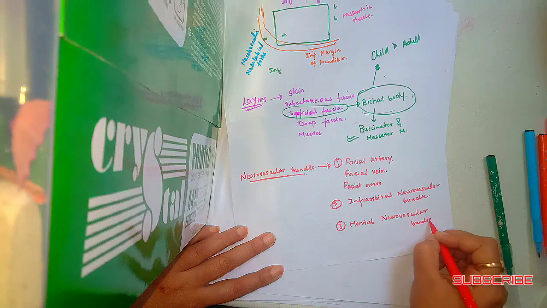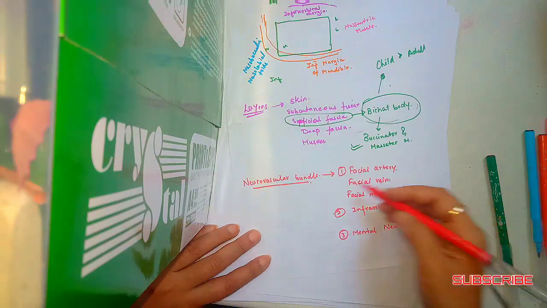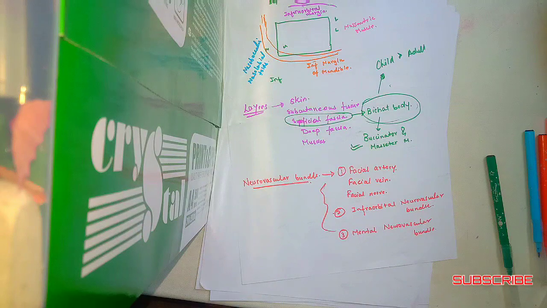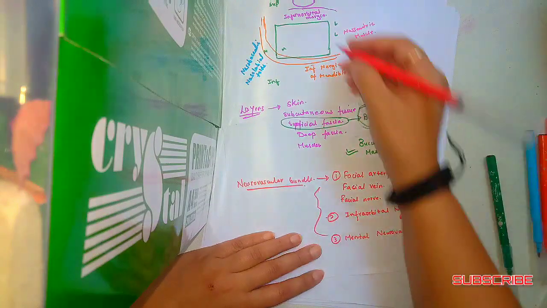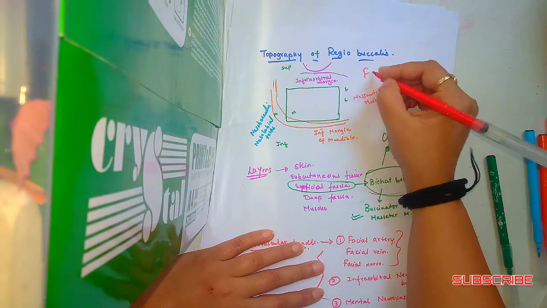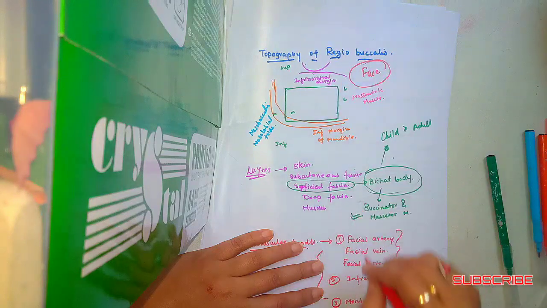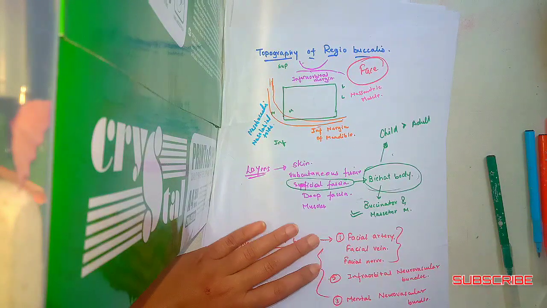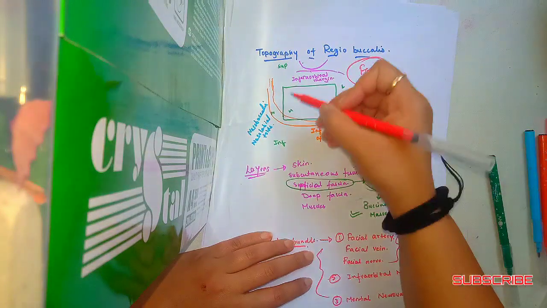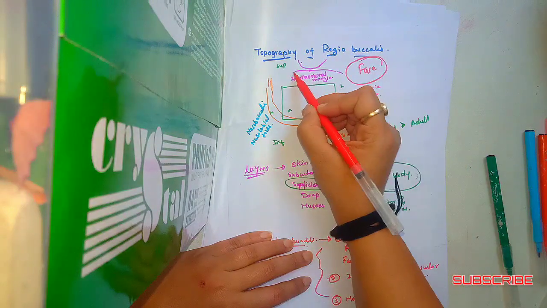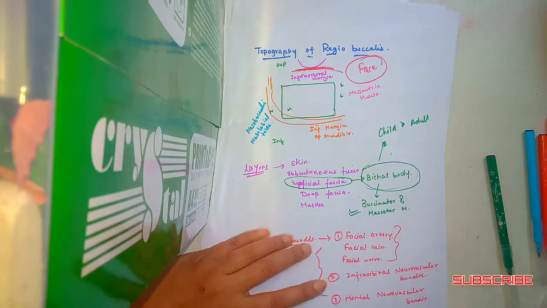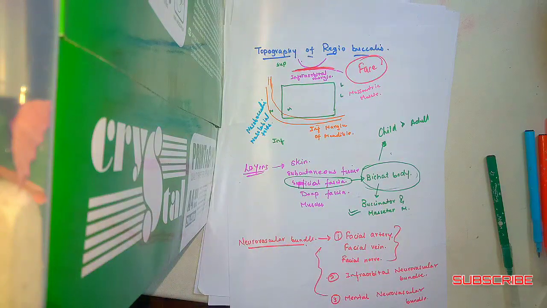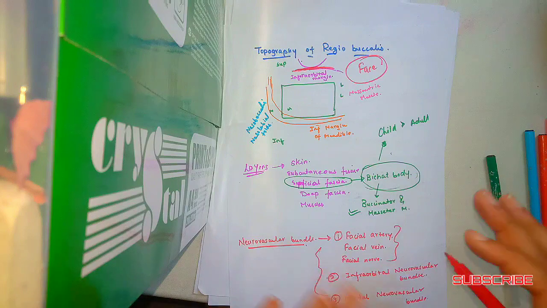How will we remember these three bundles in the cheeks? There is an easy way to remember. These three you can remember that it's a part of the face. So there must be a facial vein, artery and nerve. Now if you see here in the topography, the superior border has the infraorbital margin. So there must be a neurovascular bundle related to the infraorbital margin.